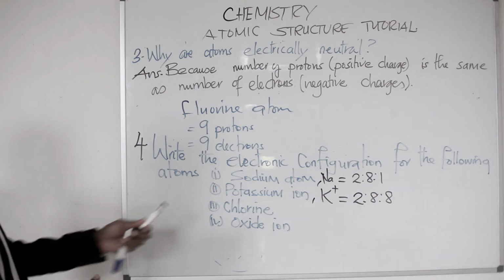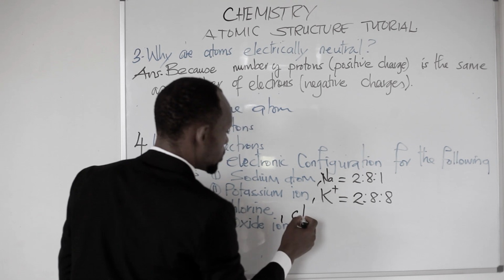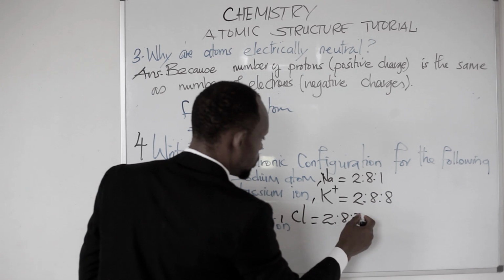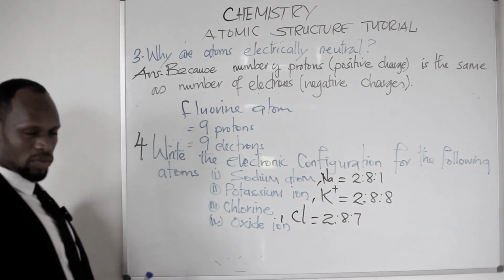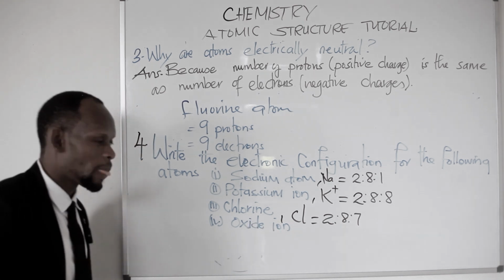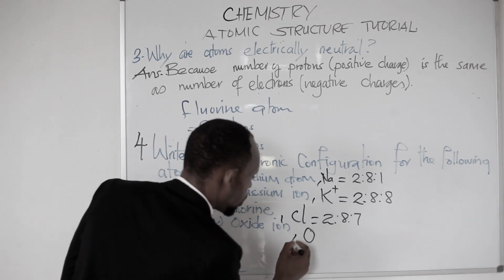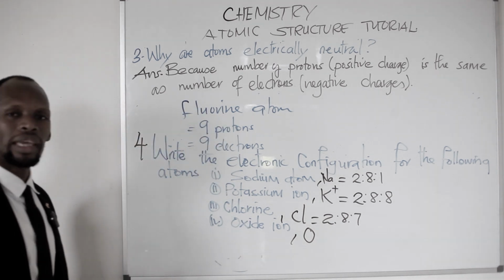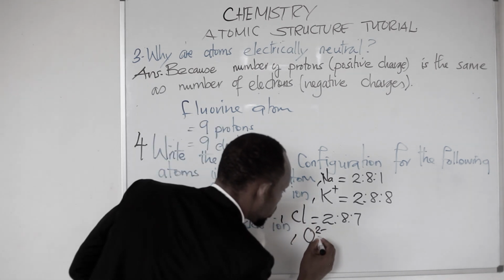For the chlorine atom, capital letter C, small letter l, it will be 2, 8, 7. Why? Because it has 17 electrons. Now, the oxide ion is from oxygen. The oxide ion has already gained 2 electrons, so it is written with 2 negative.